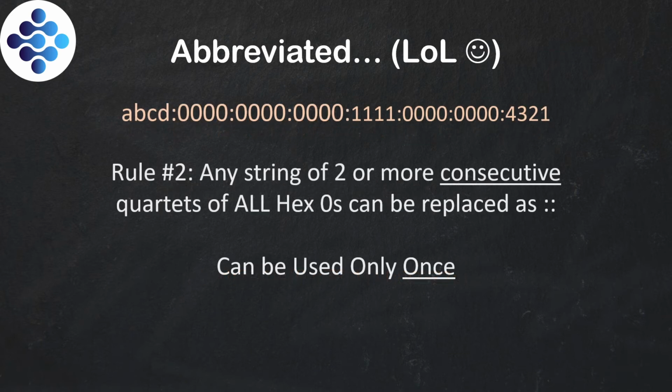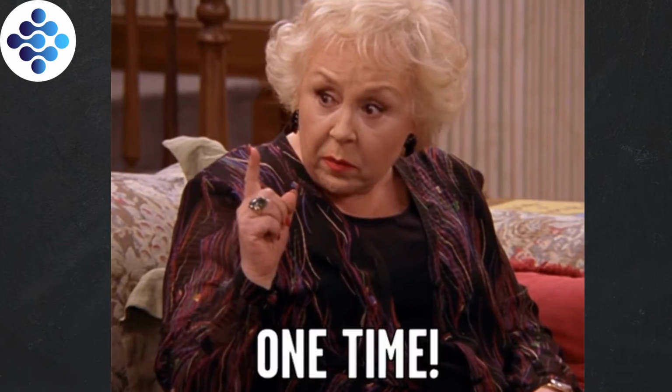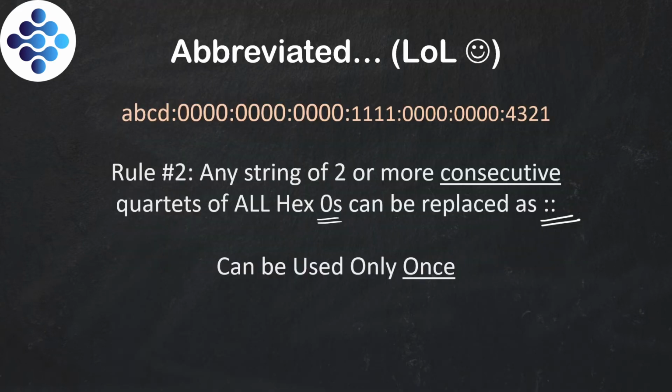That's rule number 2. Any string of 2 or more consecutive quartets of all hex zeros can be replaced by a double colon, and it can be used only once. What exactly does it tell? See, all these hex numbers are 0, correct? All of them.